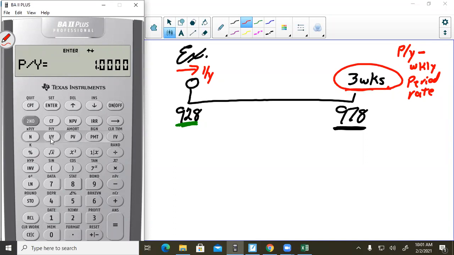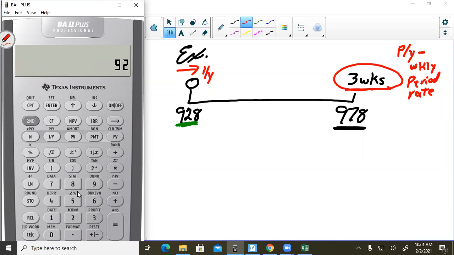If we look at our periods per year, I want that to be 1 because what I'm looking for is the periodic rate, or the rate for that 1 week period. So let's walk through this. I have 3 periods. I'm looking for my interest rate.